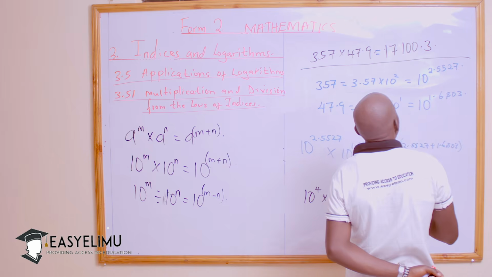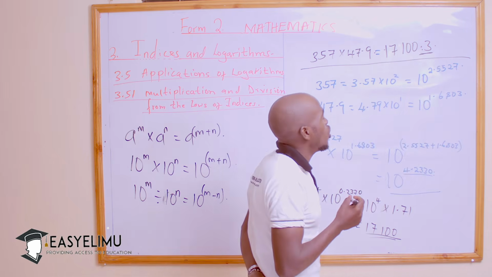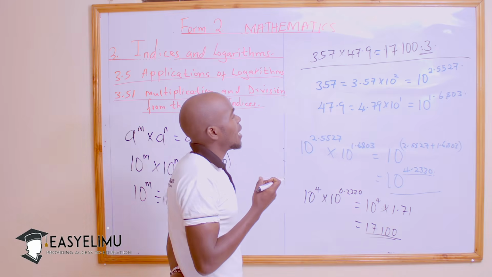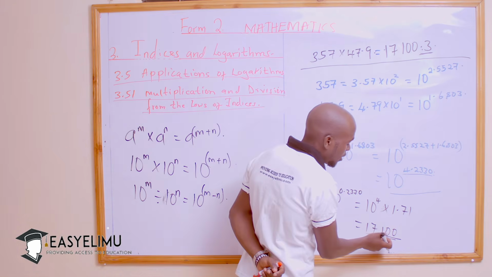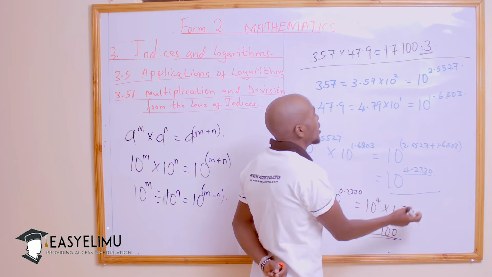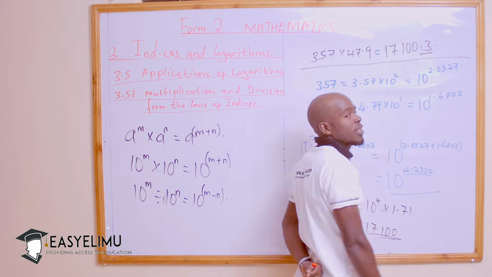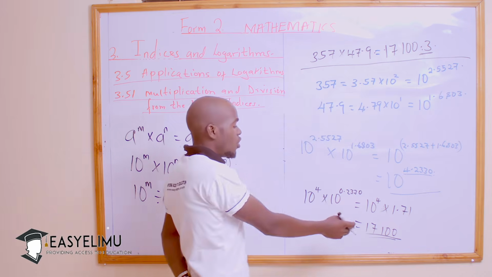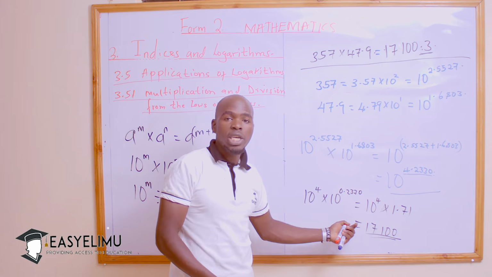You will find that this 0.3 here is minimal, so we can neglect it, since what we have is 17,100, which is very close, and this one only exceeds by a minimal range. So we can neglect it and use this way of computing.